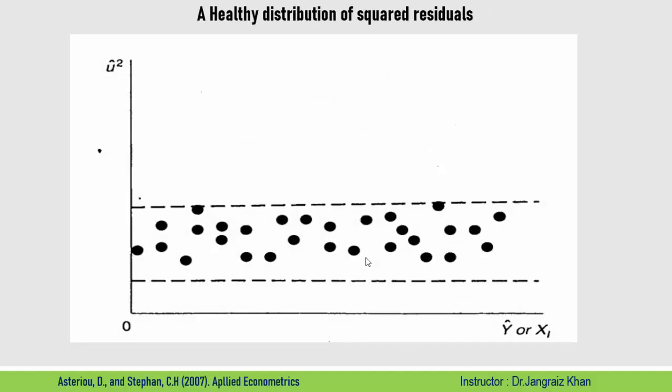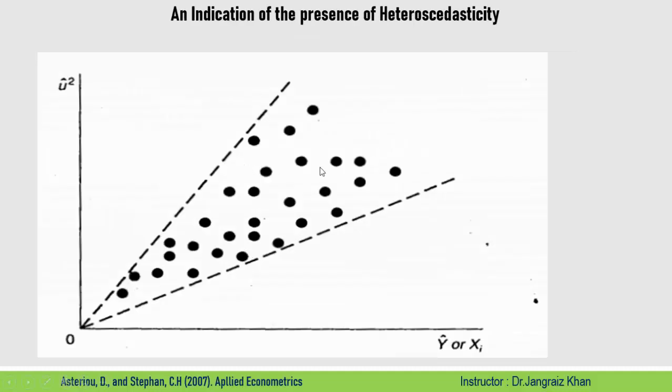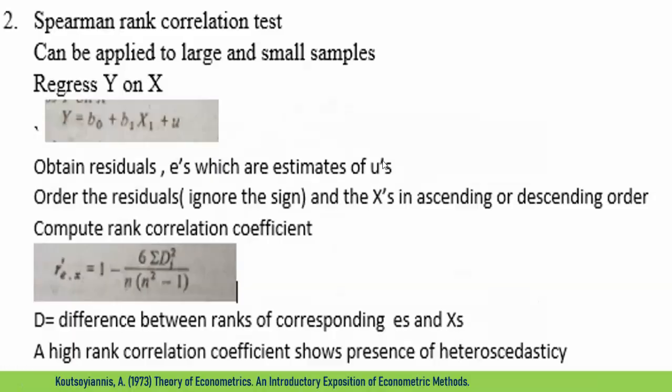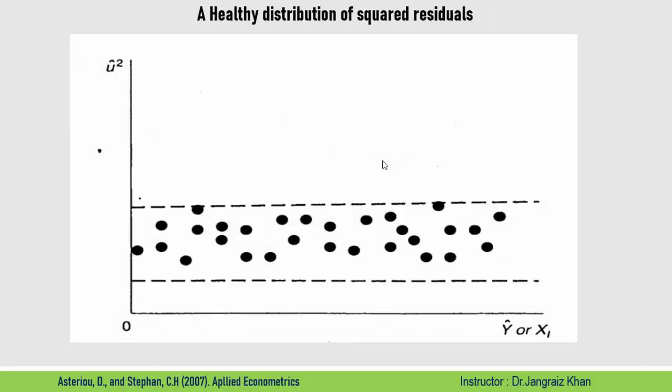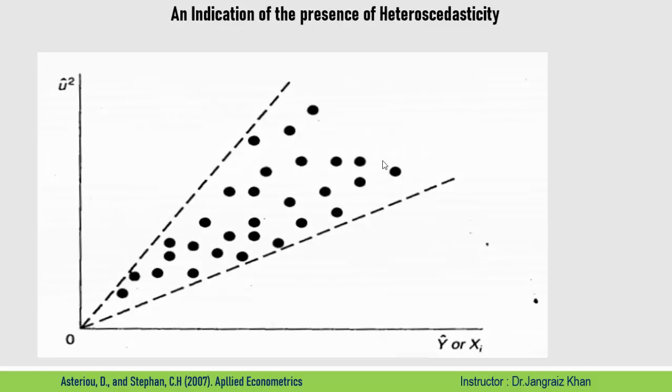Otherwise, if we see an increasing spread, it shows the presence of heteroskedasticity. So the first way to detect heteroskedasticity is to plot it on a graph, the graphical method. If you plot the observations on a graph, we can find the presence of heteroskedasticity.